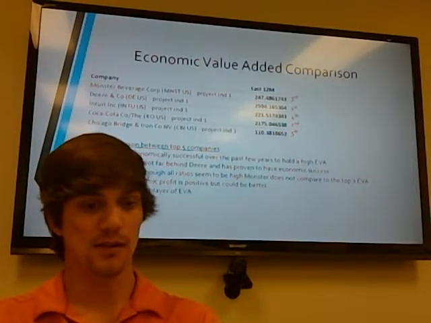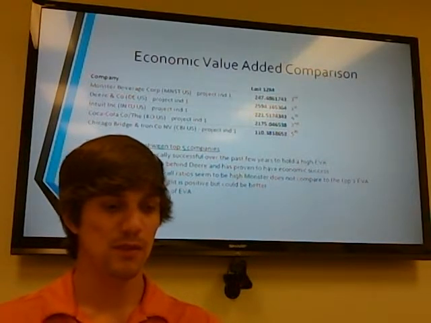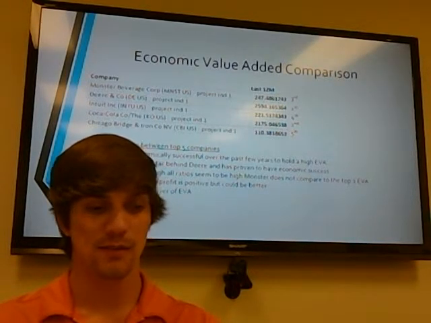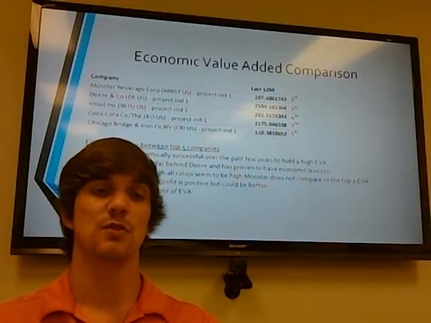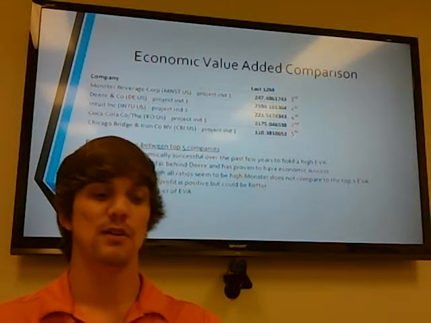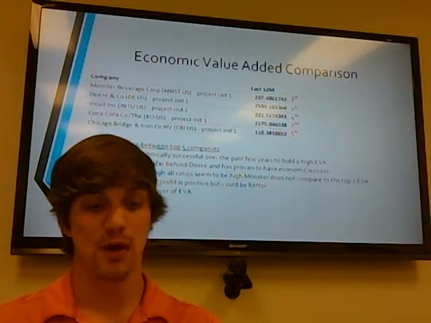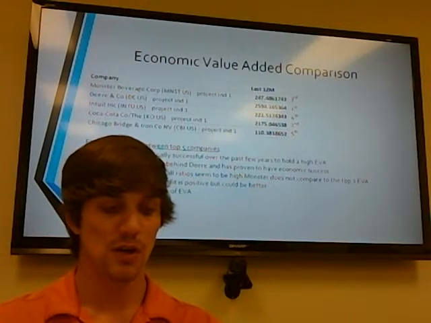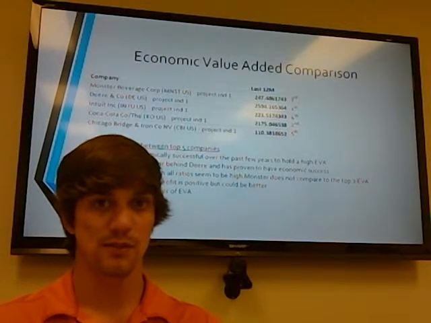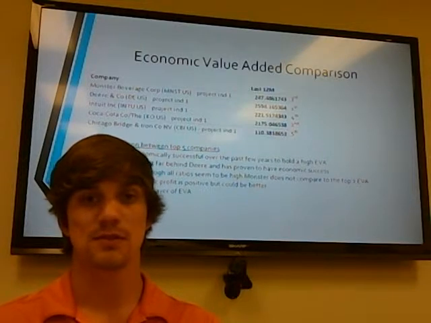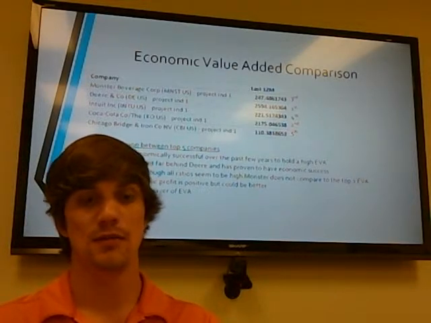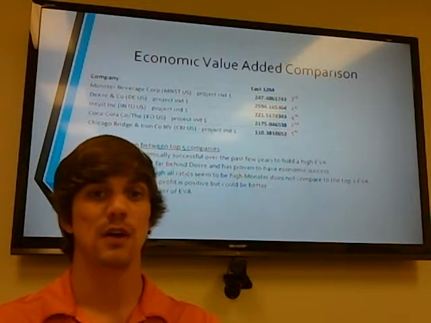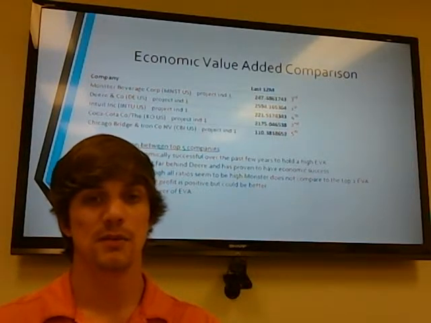All right, as I said earlier, economic value added is a financial performance measure based on residual wealth, calculated by deducting cost of capital from operating profit. So what I did was I took the last 12 months of economic value added, the EVA, of each of the top 5 companies, and listed them in Excel.